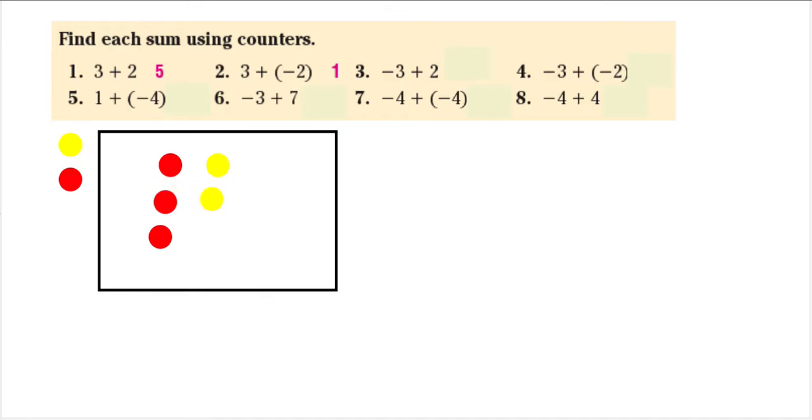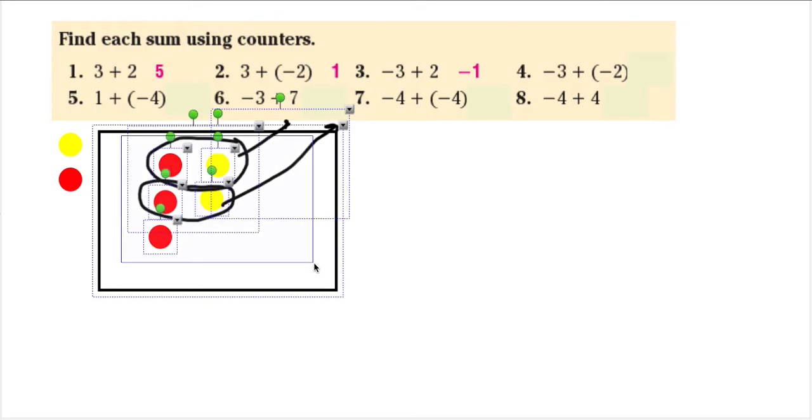Okay, circle our zero pairs. Zero pair, zero pair, right there. Okay, and you're left with 1 negative counter. We take out our zero pair from the mat. Answer would be negative 1. Okay, let's do another one.